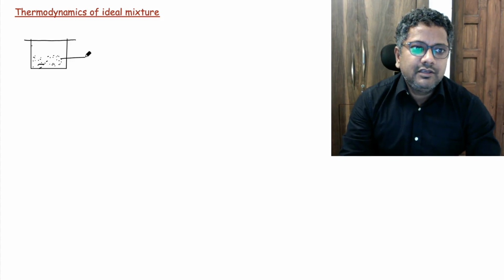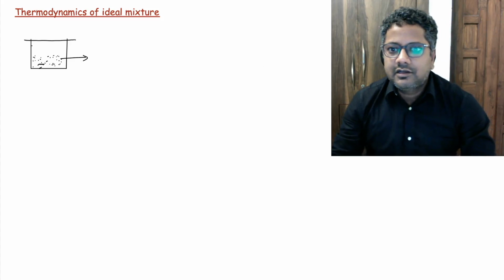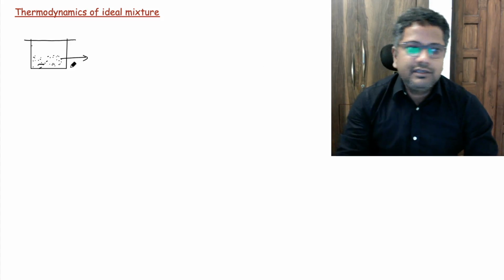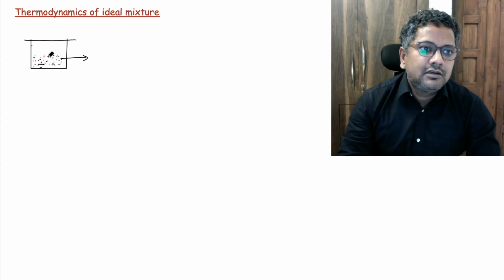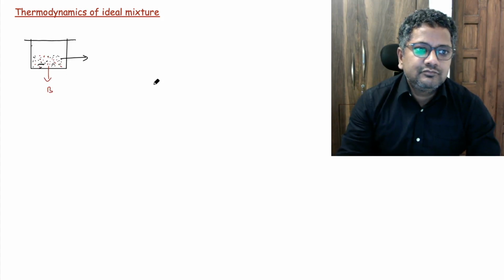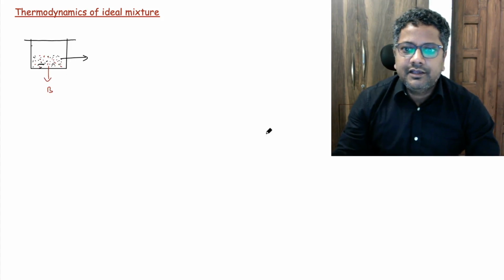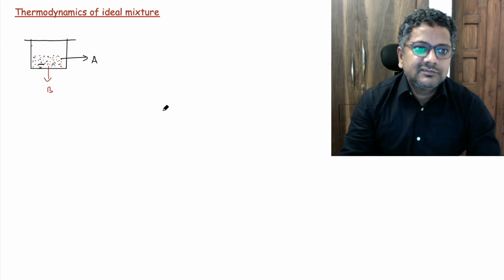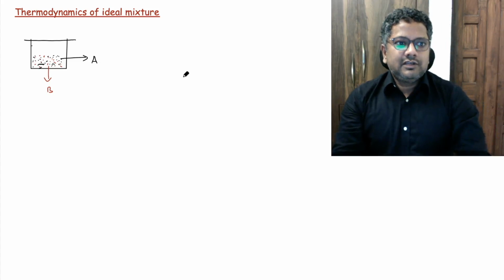A and B both are mixed, and B is represented by red. So B and A, right?